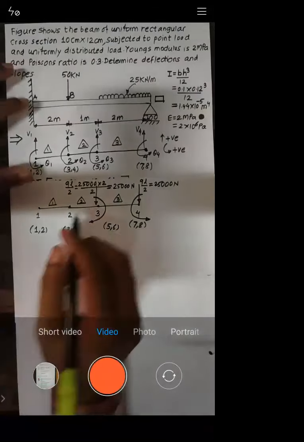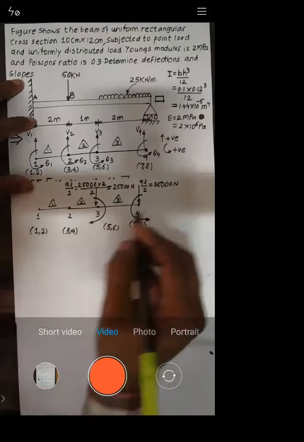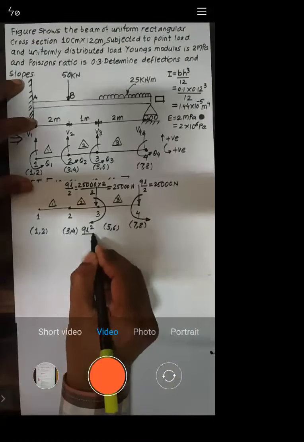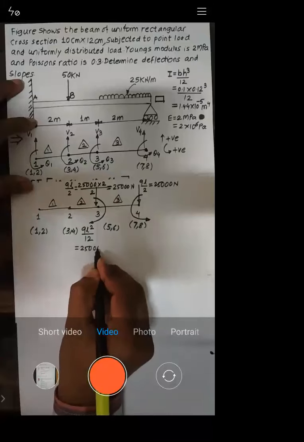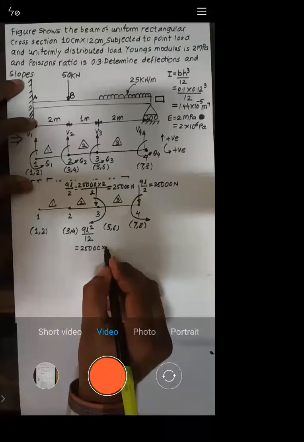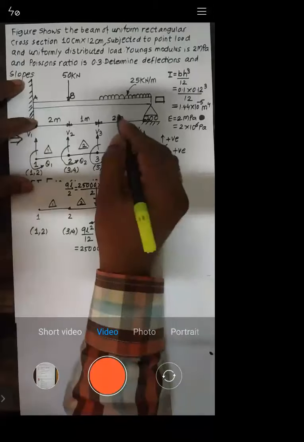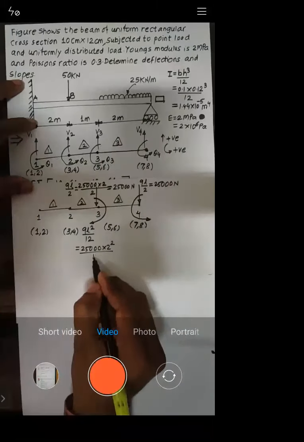Now see, how will we calculate this moment? Moment is given by QL square by 12, right? QL square by 12. So Q is 20,000 into L square, 2 square, since the length of the element is 2, divided by 12.